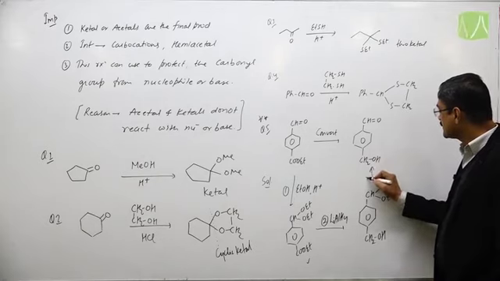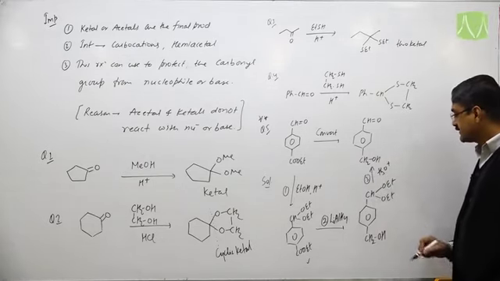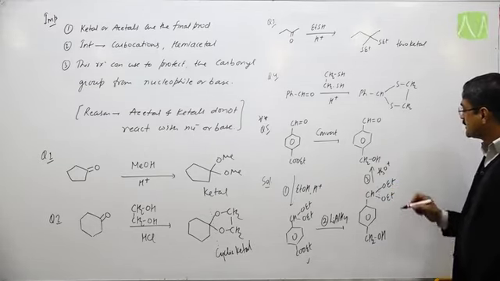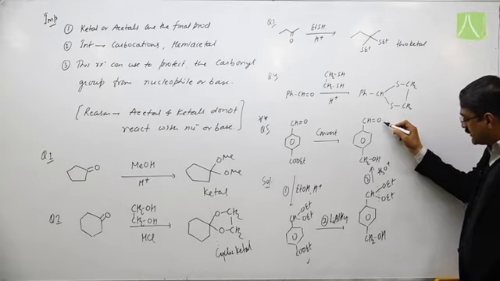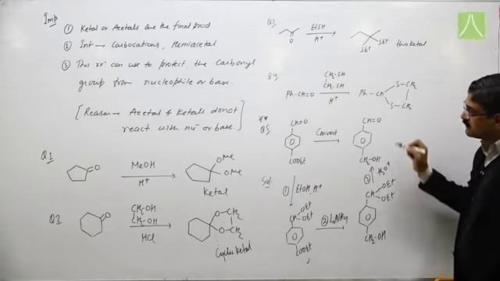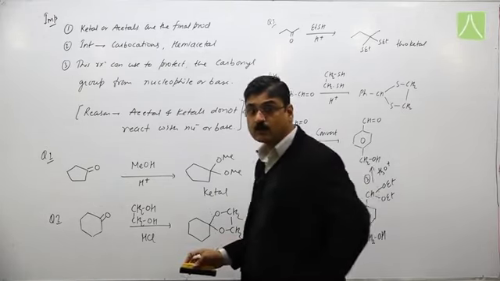Now in the third and last step, I use acidic hydrolysis. In acidic hydrolysis, acetals and ketals break down into aldehydes and ketones. So there are 3 steps to convert this compound. So this is the addition of alcohol.